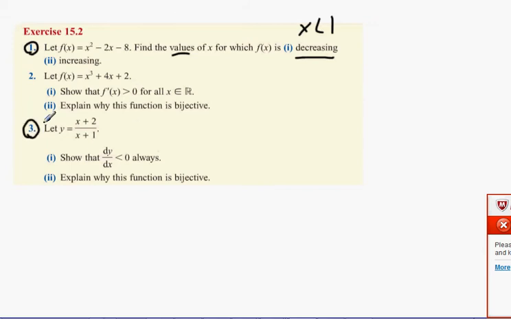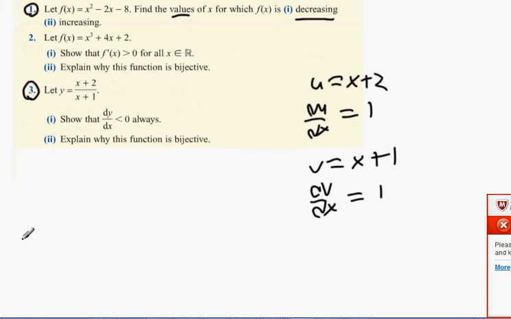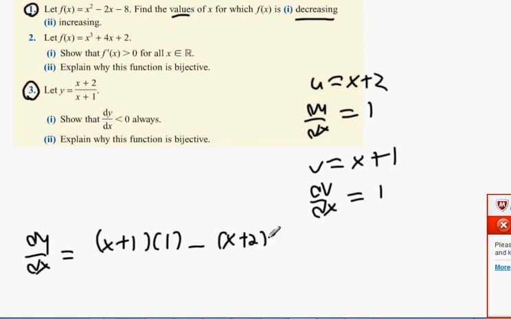That'll be question 3. In question 3, let u equal x plus 2, du/dx equals 1, let v equal x plus 1, therefore dv/dx equals 1. Differentiate, dy/dx ends up being v times du/dx, so x plus 1 times 1, minus u times dv/dx, which is x plus 2 times 1, all over x plus 1 squared.